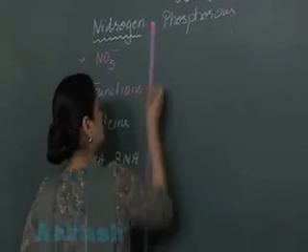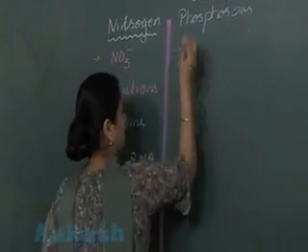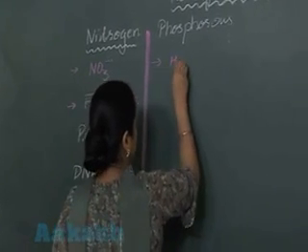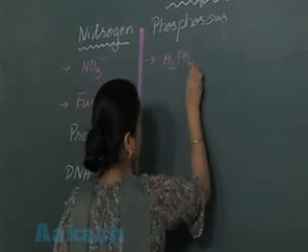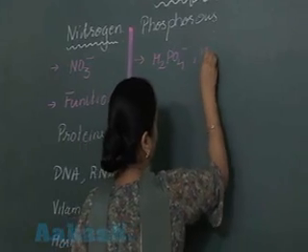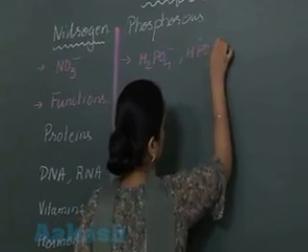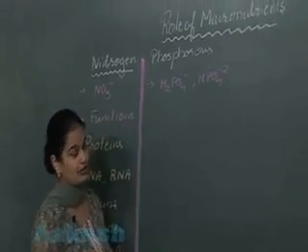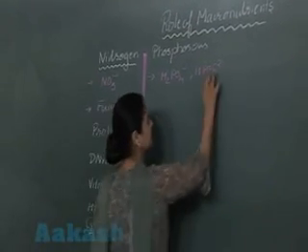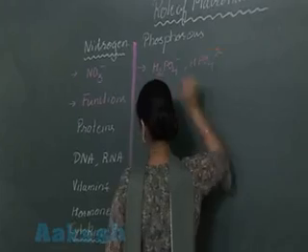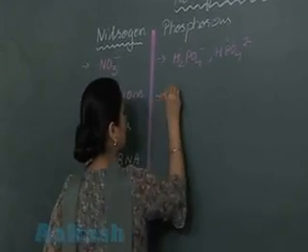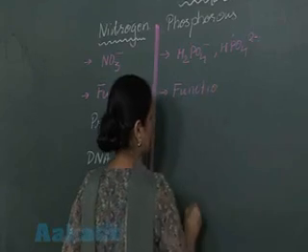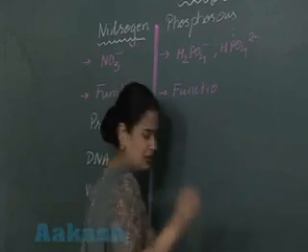Now phosphorus is absorbed from the soil by the plant in the form of phosphate ions, that is H2PO4 minus or HPO4 2 minus, which means it can be absorbed in the form of monovalent or divalent ions.